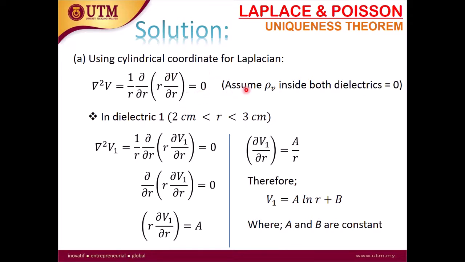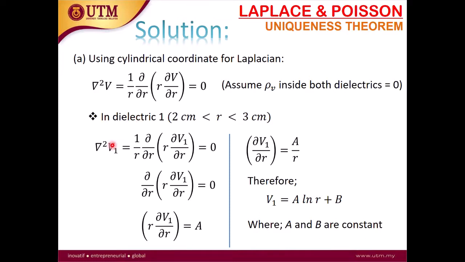Here, we assume that rho V inside both dielectrics is equal to 0, because the right-hand side is rho V divided by epsilon. When rho V equals 0, this equation becomes a homogeneous equation, or what we call the Laplace equation.